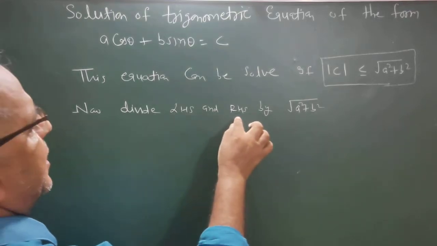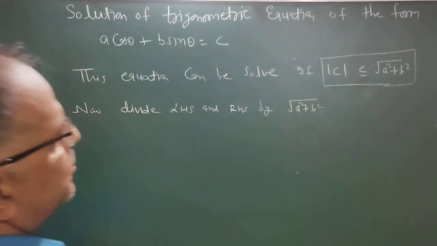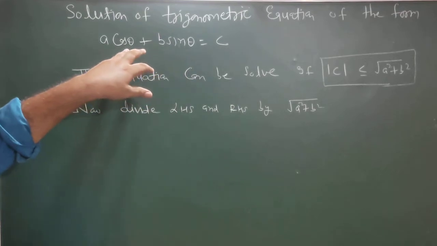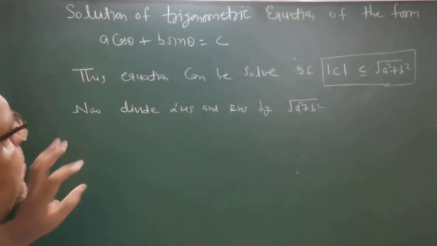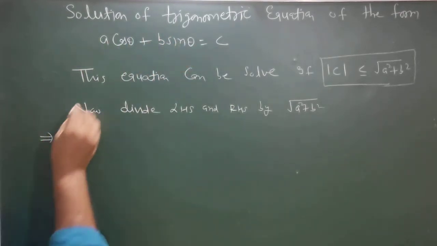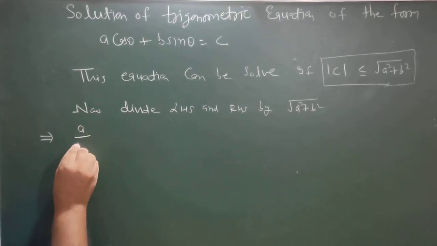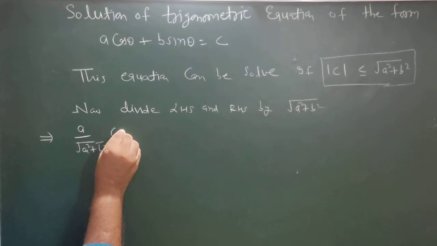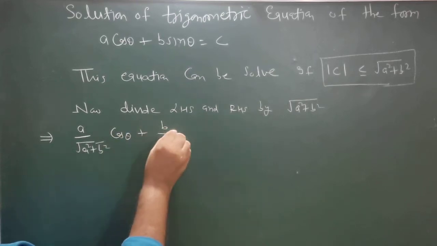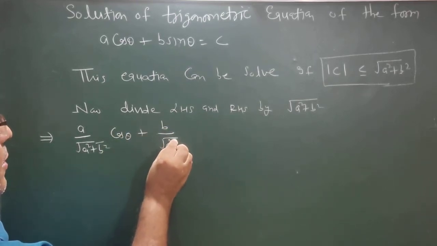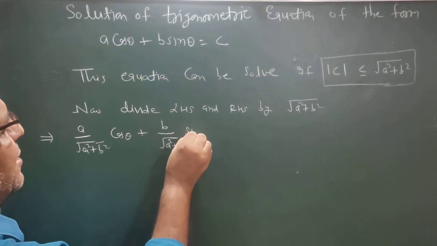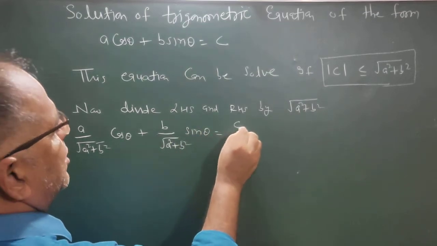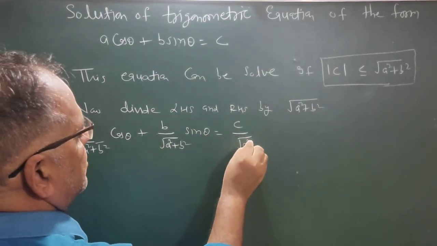A means coefficient of cos theta and B means coefficient of sin theta. So now the equation can be written as A upon under root of A square plus B square into cos theta plus B upon under root of A square plus B square into sin theta equal to C upon under root of A square plus B square.